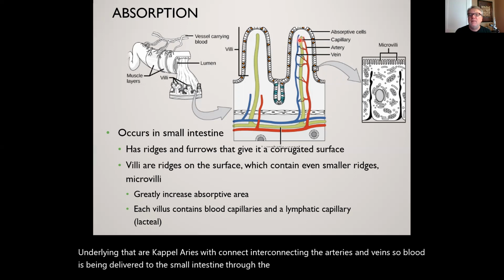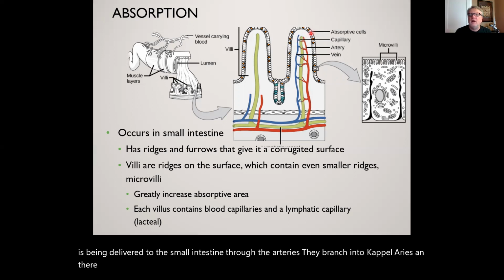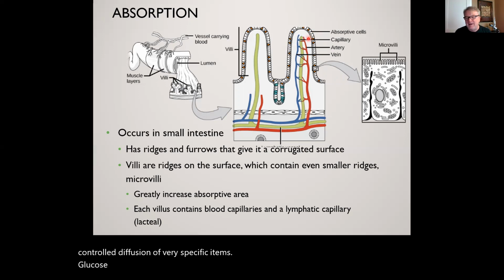They branch into capillaries, and there is only one layer of simple columnar epithelial cells that do a controlled diffusion of very specific items, glucose, amino acids, fat, and fatty acids, into the actual body itself. So that's the process of absorption.